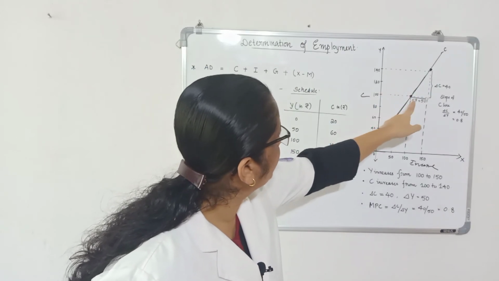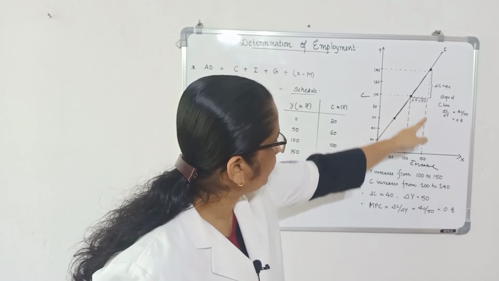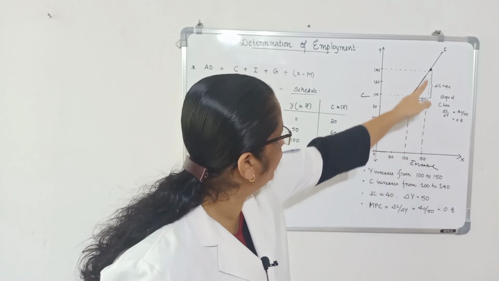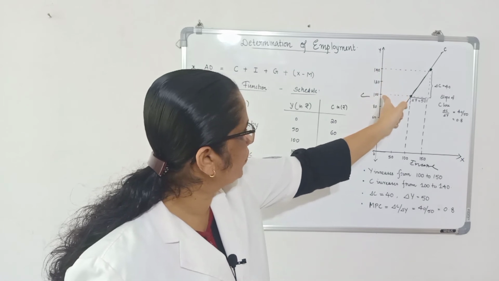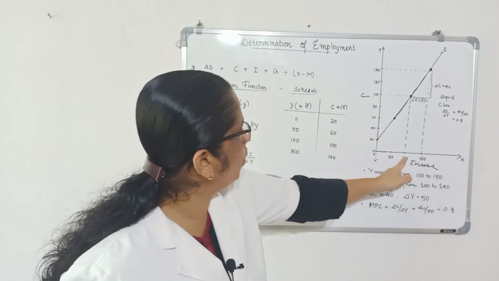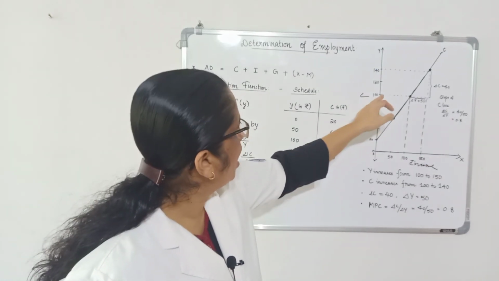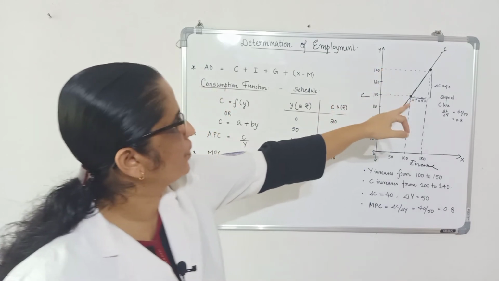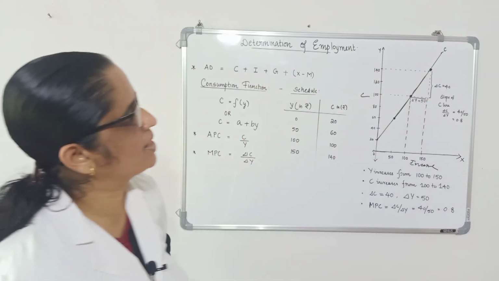Here you can see MPC. For example, at this point delta Y is equal to 50, and the vertical distance delta C is equal to 40. That is, income increased from 100 to 150 and consumption increased from 100 to 140. You see the vertical distance and horizontal distance.